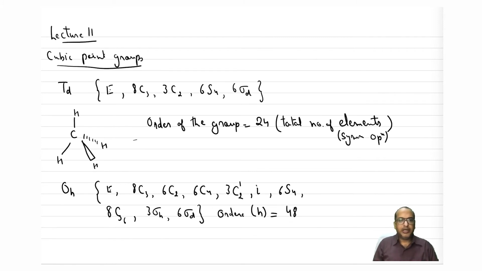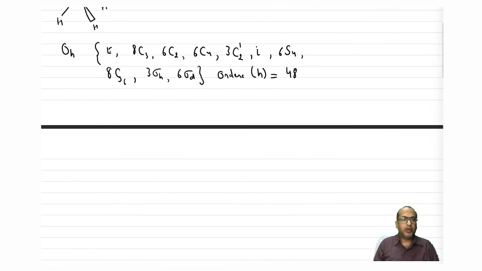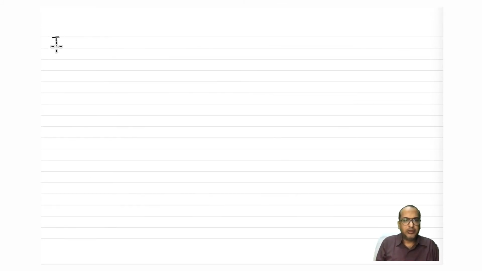Okay, next in cubic point group is icosahedron, denoted by IH. So the example here includes B12H12 2 minus ion, which takes up the IH. I'm not going to cover the shape again, as we already know the shape of the icosahedron.